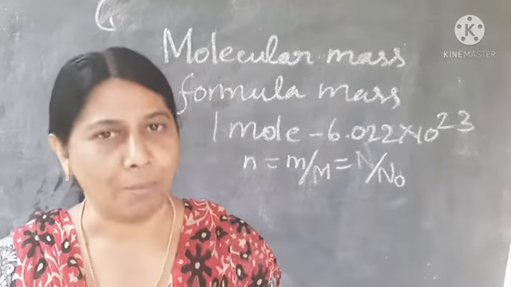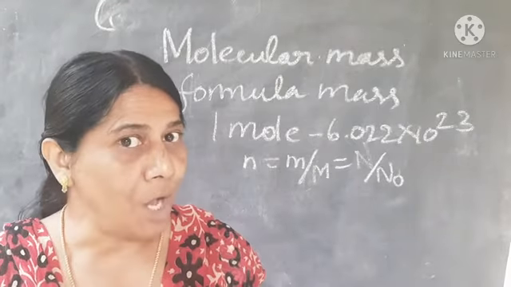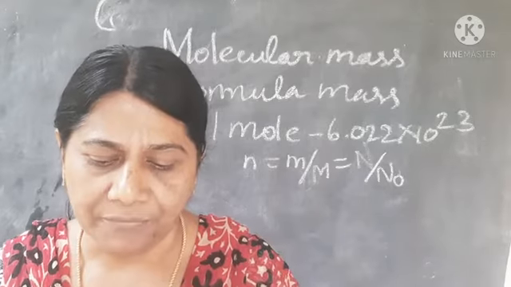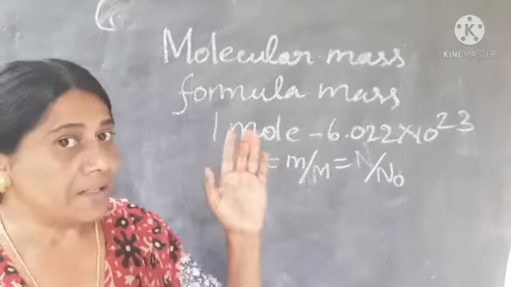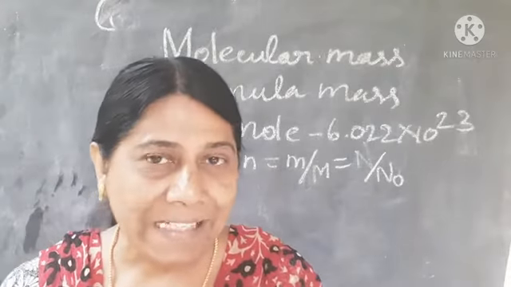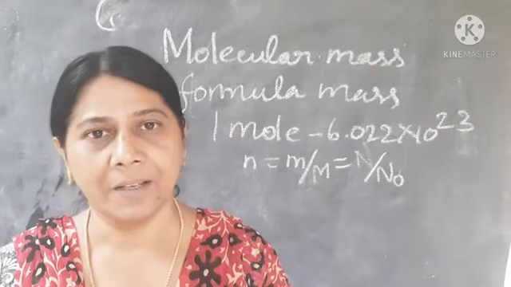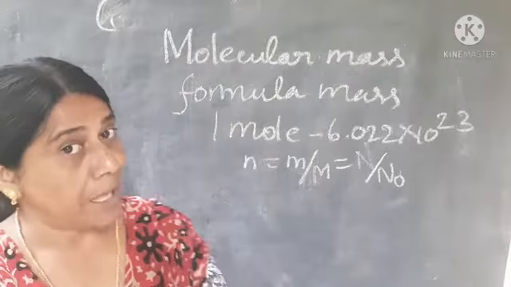What is molecular mass? The molecular mass of a substance is defined as the sum of the atomic masses of all the atoms present in the compound or molecule. What is the difference from formula mass?